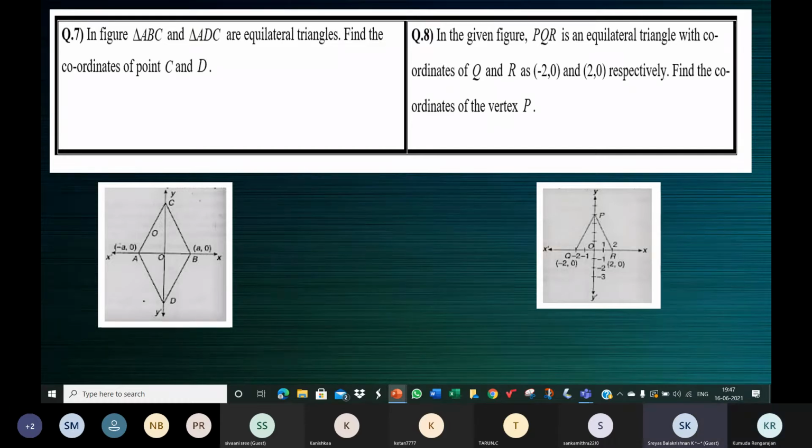Ma'am, for the 7th question I didn't find out, but for the 8th question I found the answer. We need to find the coordinates of the vertex P. All right. Let me just have a look.